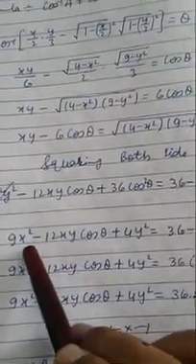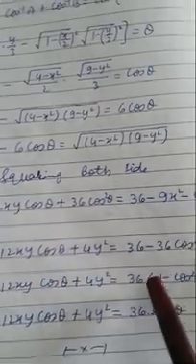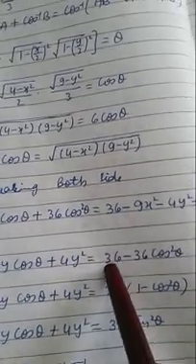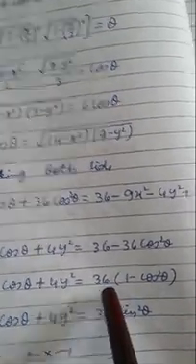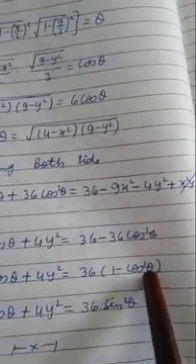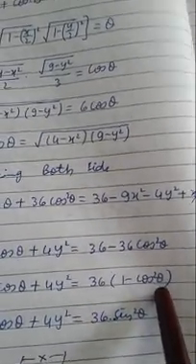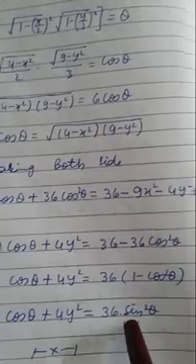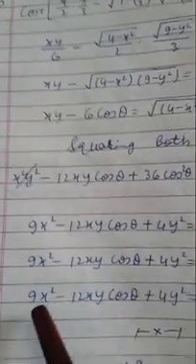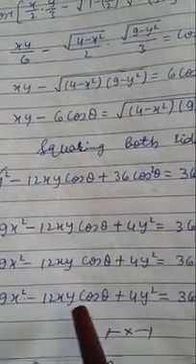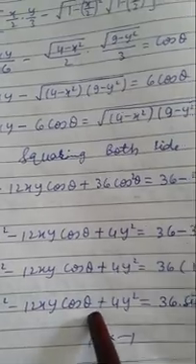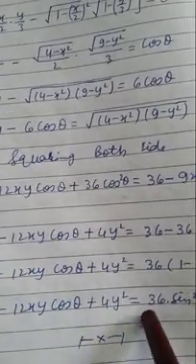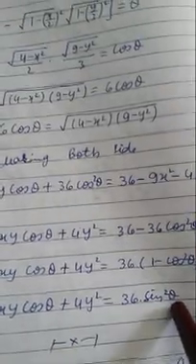So LHS is still the same, but in RHS take common 36. So we have got 1 minus cos square theta. This is the identity of 10th class. 1 minus cos square theta is sin square theta. So we have got 9x square minus 12xy cos theta plus 4y square is equal to 36 sin square theta.